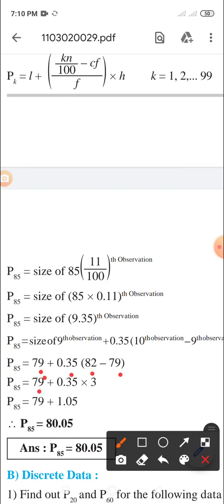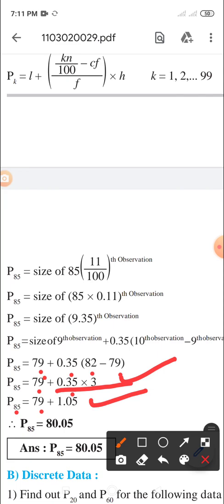Next, 79 plus 0.35 into 3, that is 82 minus 79, 3. Next, P85 is equal to 79 plus 0.35 into 3, that is 1.05.